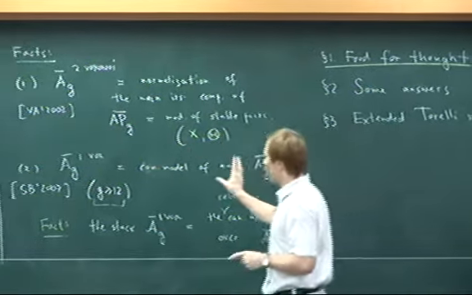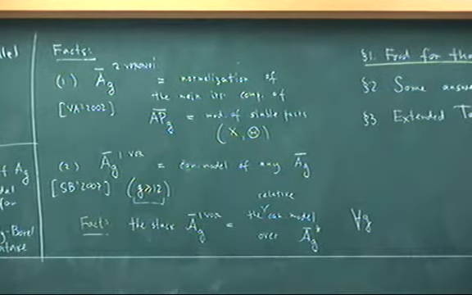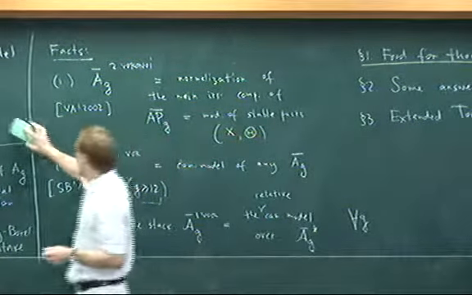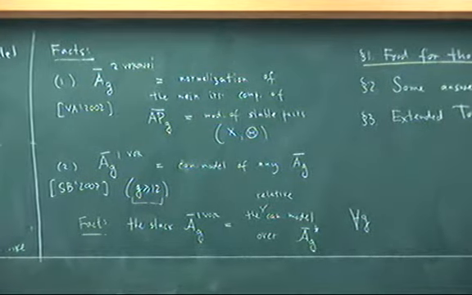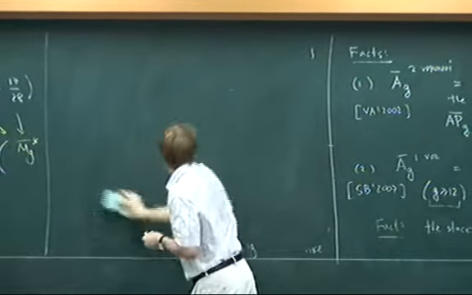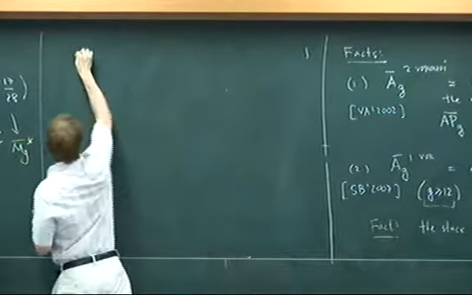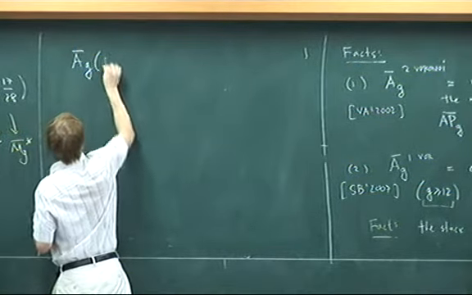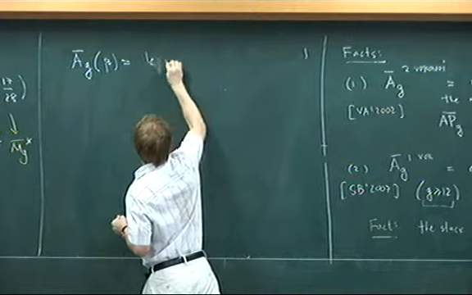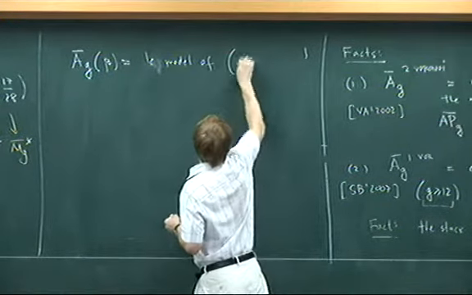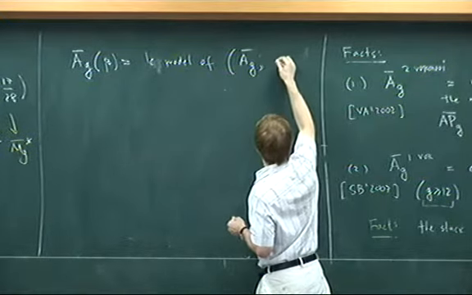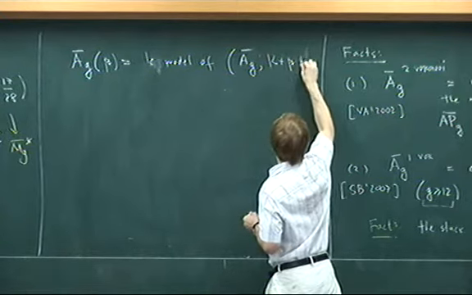Secondly, there is another analogy between these two cases. Namely, if we go ahead and make this definition, and call A_g bar of beta the log canonical model of A_g bar together with the boundary, so K plus beta times the boundary.